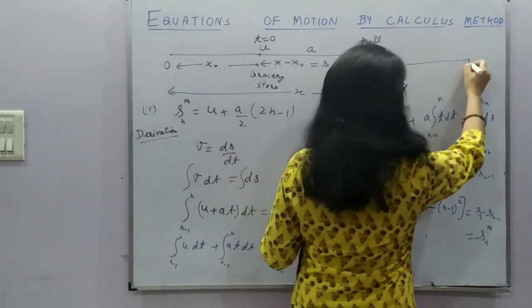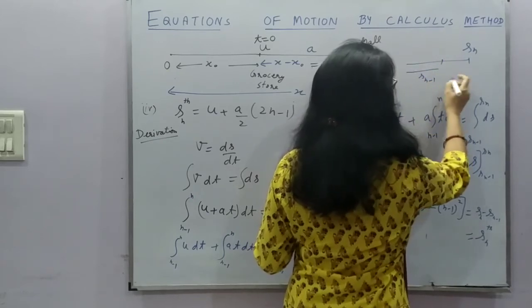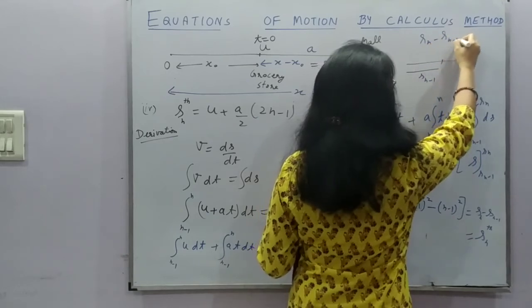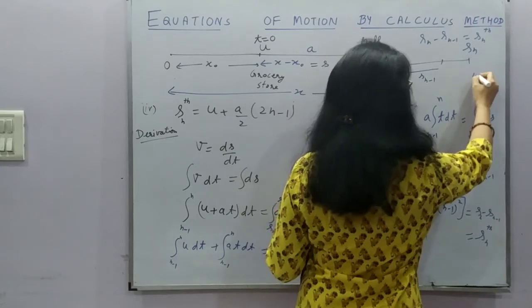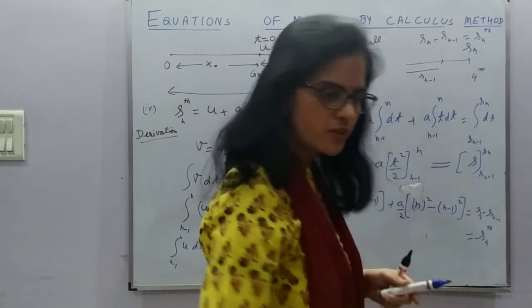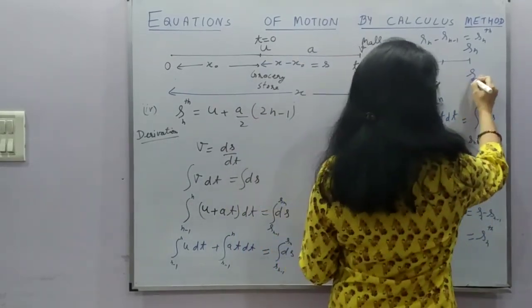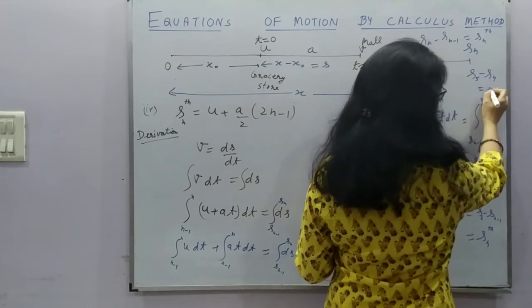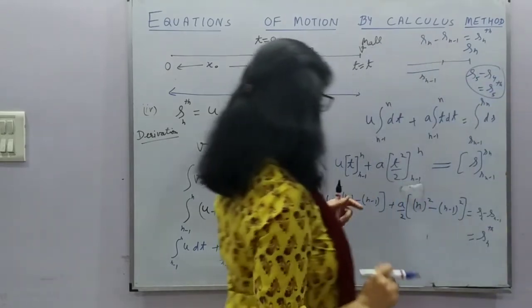So distance n minus distance n minus 1 gives distance in nth second. That means fourth. As we discussed previously, if distance travelled in 5 seconds and distance travelled in 4 seconds are subtracted, then we get distance travelled in fifth second. This we have taken as an example.